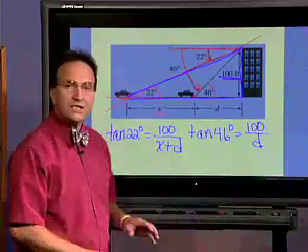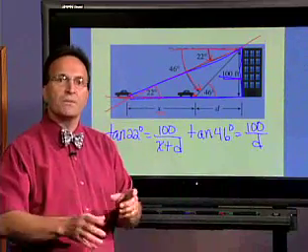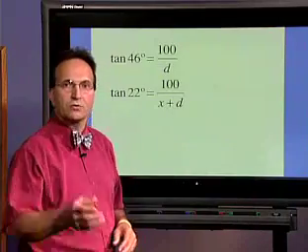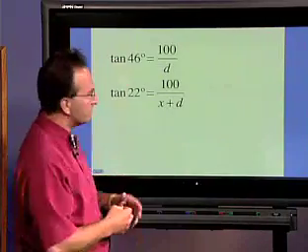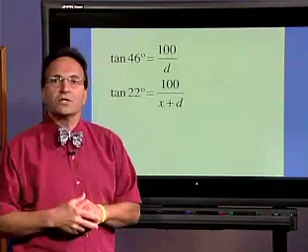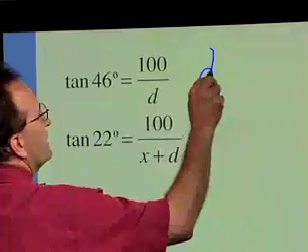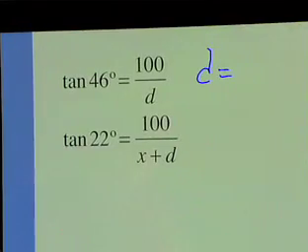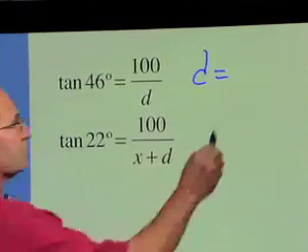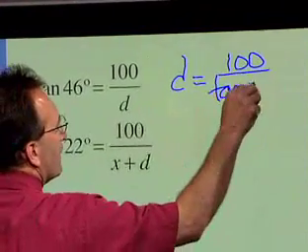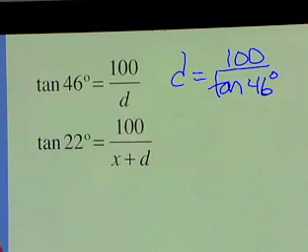All right, well, we're going to take those two equations, and we are going to solve for our unknowns. So I've rewritten them here. The first thing we're going to do is in the top equation say, well, that means that d would be equal to 100 over the tangent of 46 degrees.